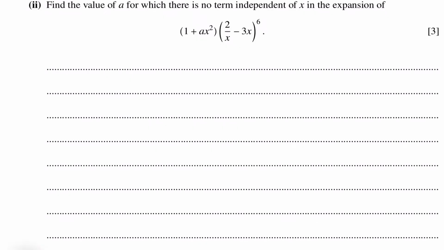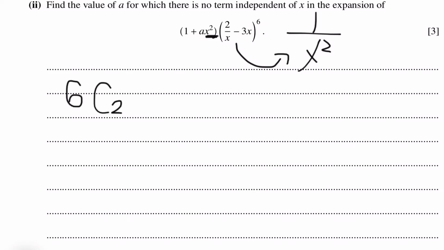Find the value of a for which there is no term independent of x in the expansion of the expression shown. So first what you need to know is that ax squared means that you have to cancel out the x squared eventually. So you need 1 over x squared from here. And to get 1 over x squared, you have 6C2 multiplied by (2 over x) to the power of 4, (3x) to the power of 2.